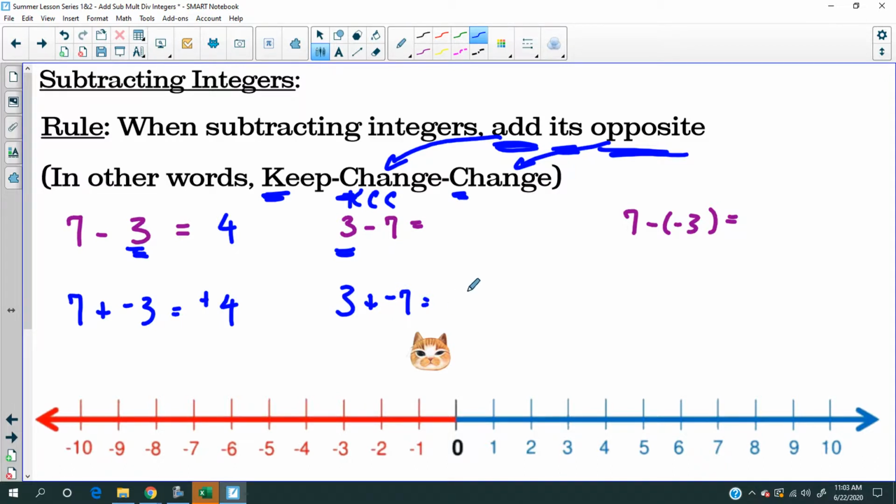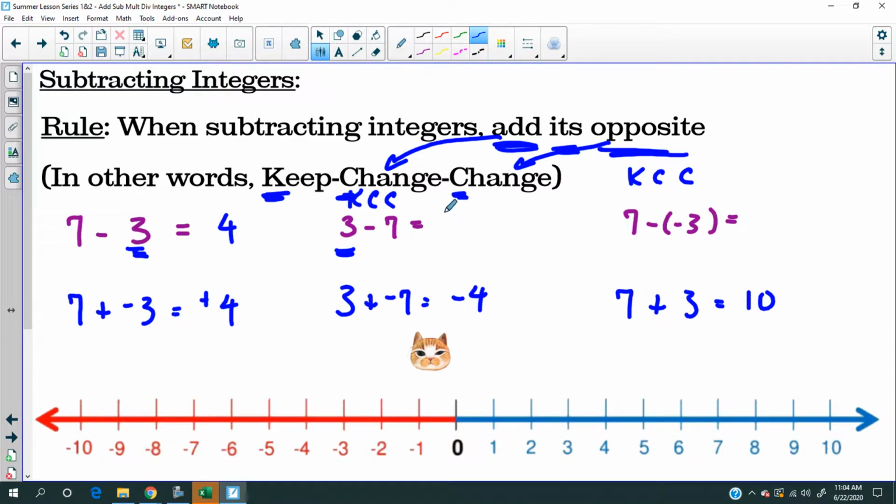Yep, you subtract them, keep the sign of the larger number. Okay, one last one. Keep, change, change. Keep the 7, change the minus to a plus, change the -3 to a +3, 7 plus 3, 10.